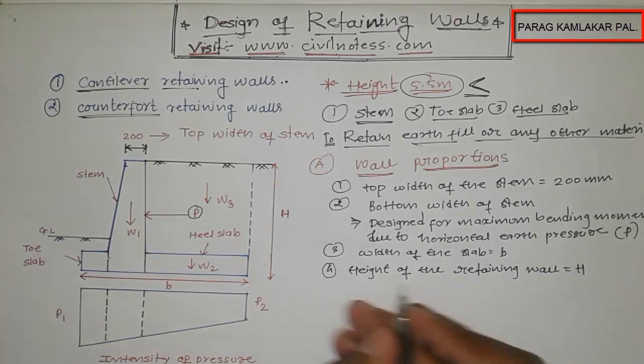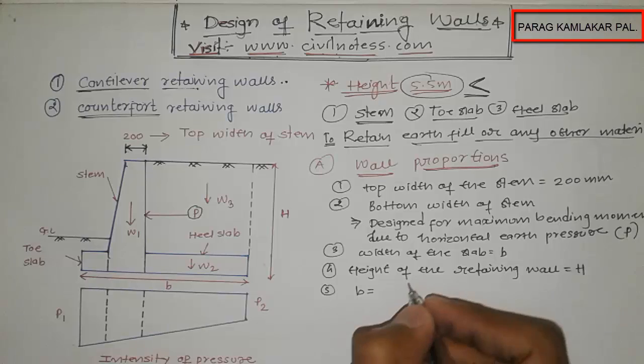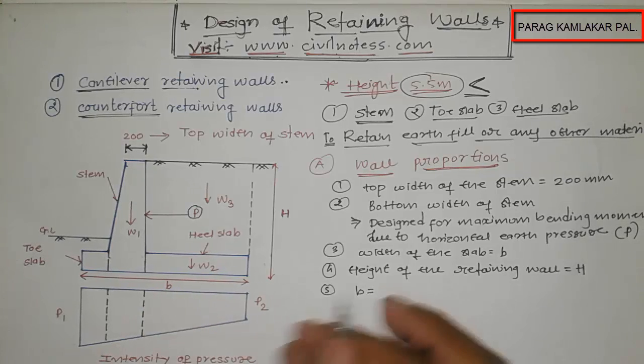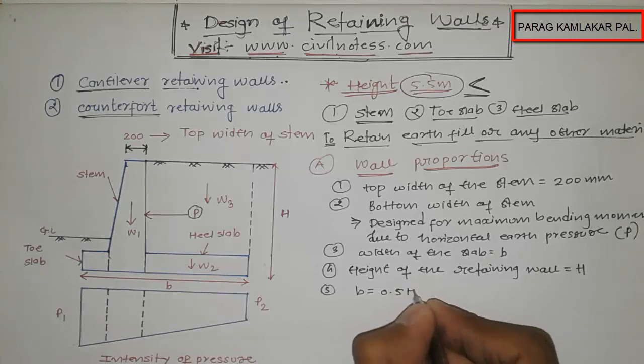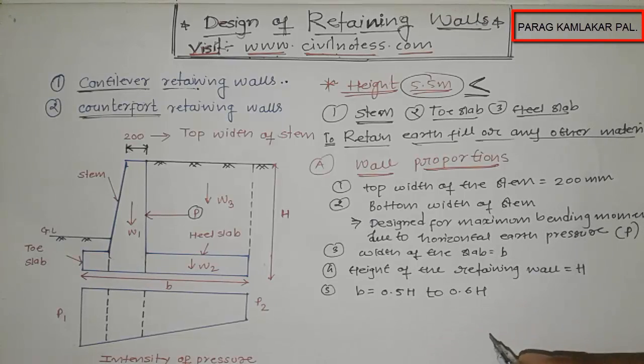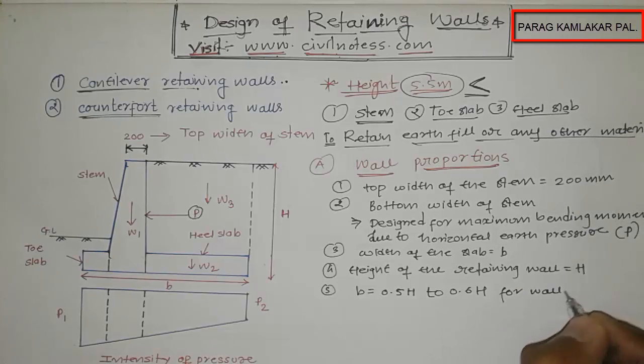Okay, now the fifth one, the width of the retaining wall. We need to know how much the width of the retaining wall should be. The width of the retaining wall is always 0.5 to 0.6 of the height of the retaining wall for walls without surcharge.